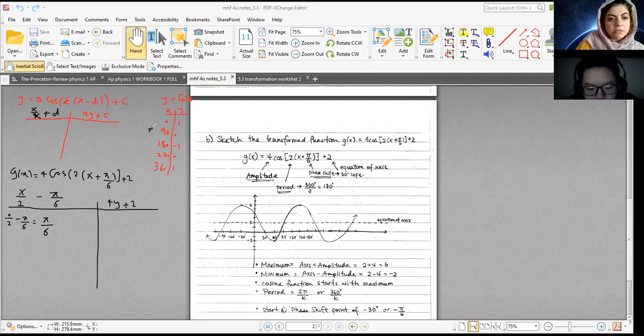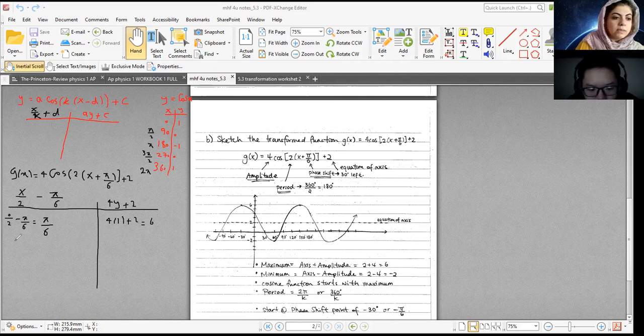So 90 degrees is pi over 2, just convert everything. This is pi. This is 3 pi over 2. And here is 2 pi. So I put 0 here, negative pi over 6. Now for y, I put 1, 4 times 1 plus 2 is 6.